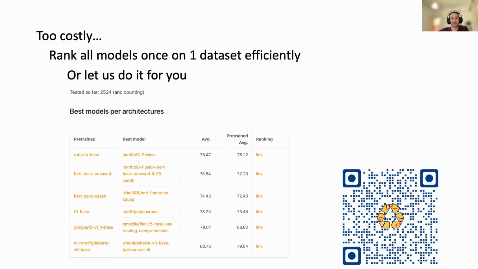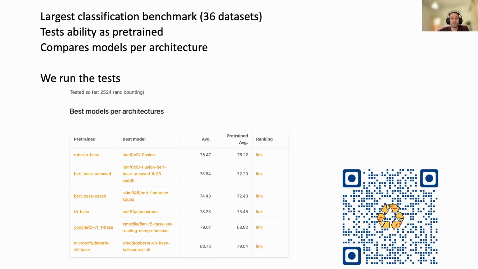And understanding that, we thought that we are the ones that should be this someone else. So we do it for you. What we suggest is that we have a site, it's already online and running, and we periodically go out there and download models from Hugging Face and share how well those models did when we fine-tune them.